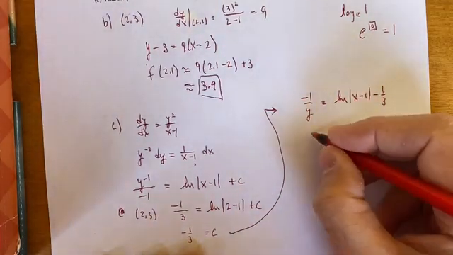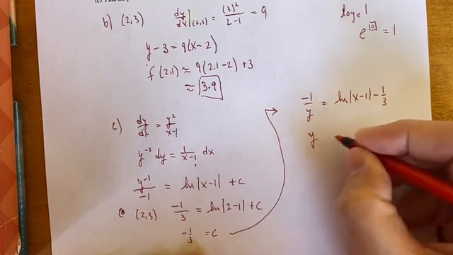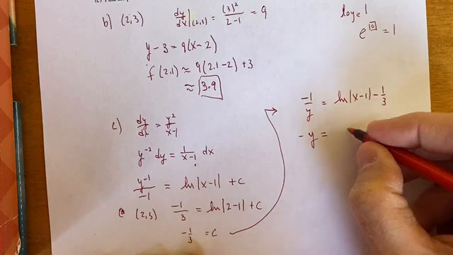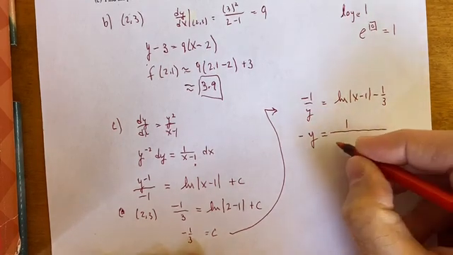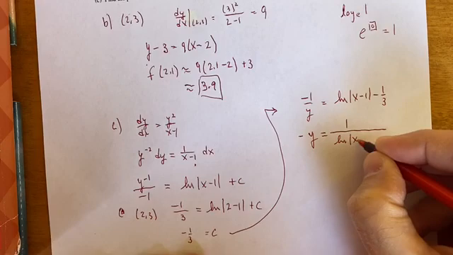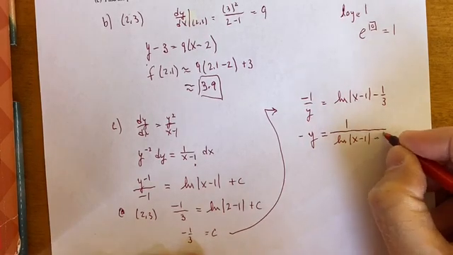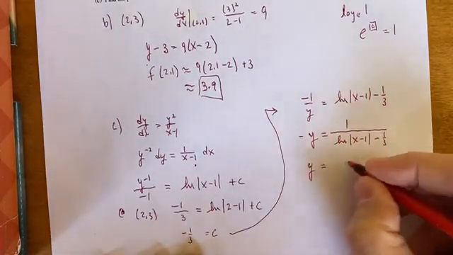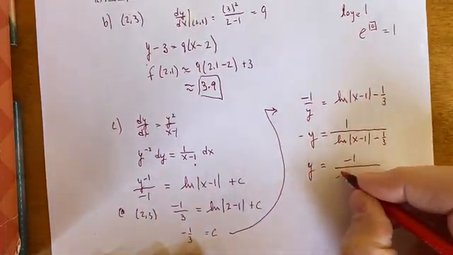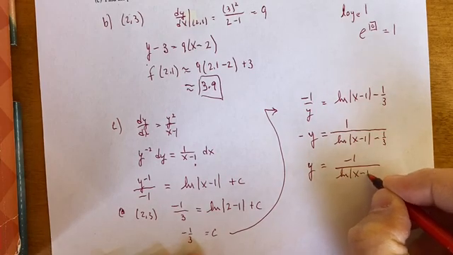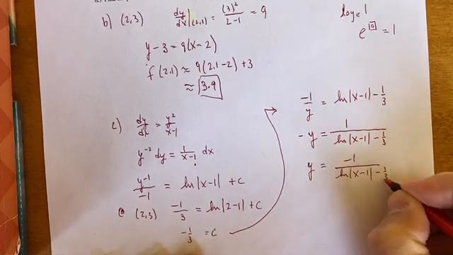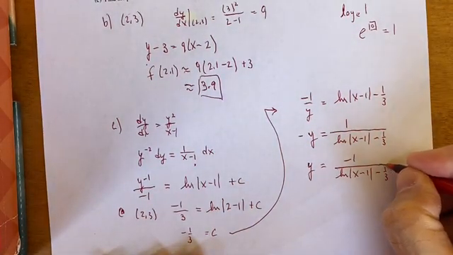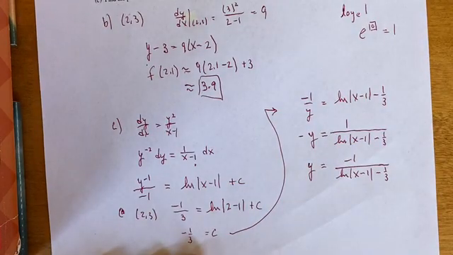So what if we flipped both sides of the equal sign and we got y, I guess that's -y now, equals 1 over this. And then y is -1 over this. Okay. And that is a great answer.